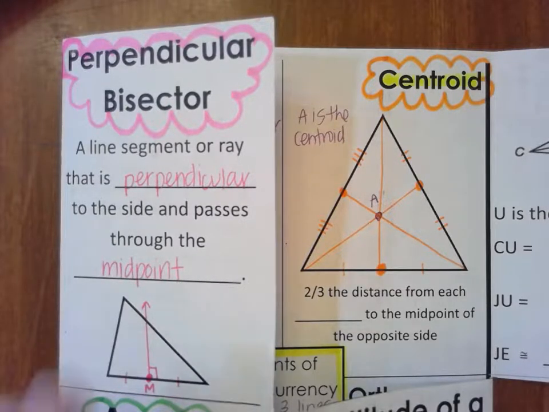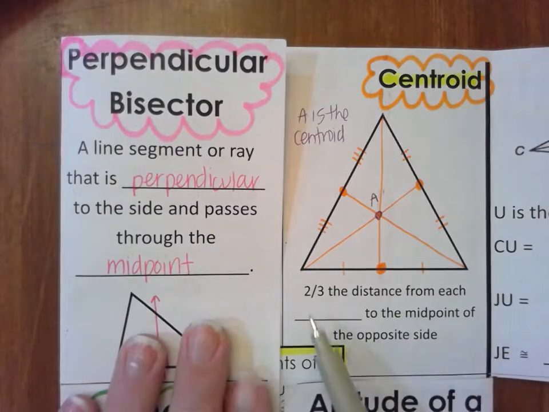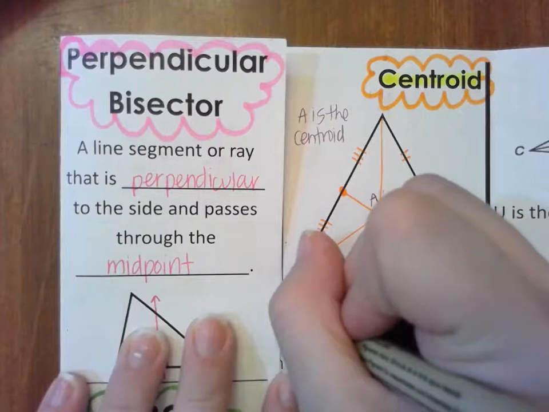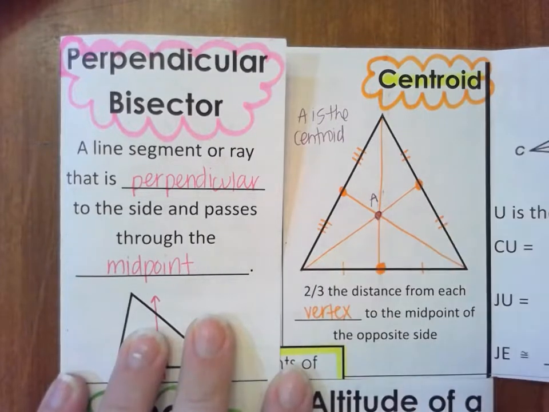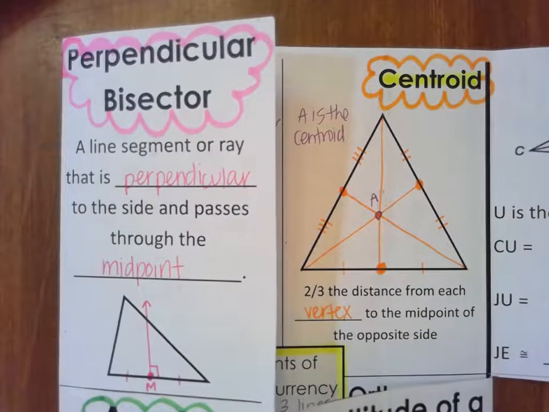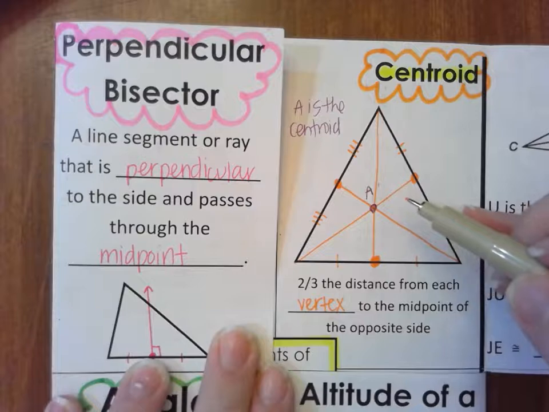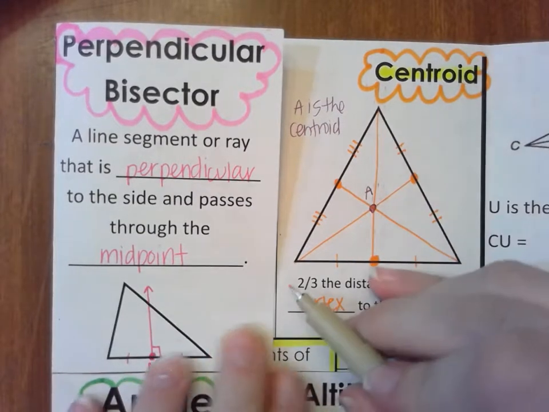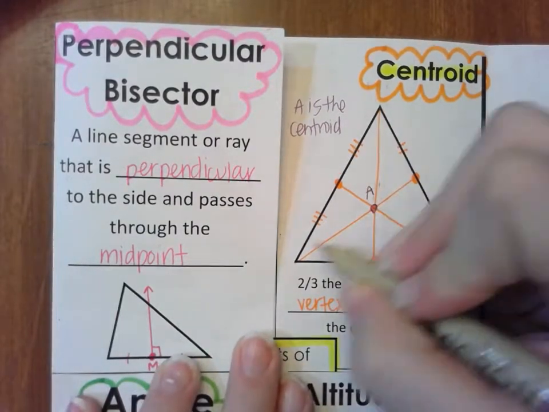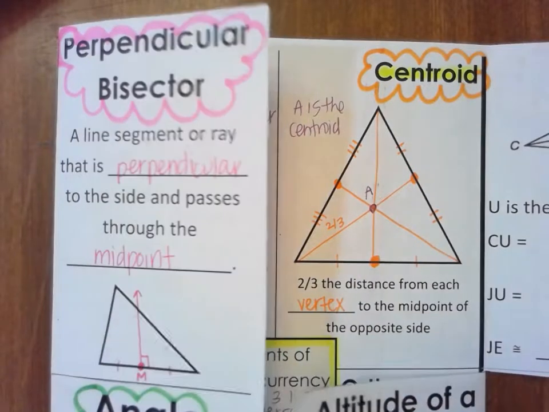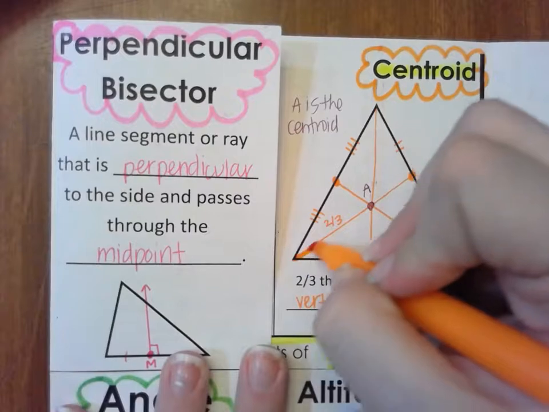Instead, we know that the centroid is 2/3 the distance from each vertex to the midpoint of the opposite side. So if we're starting at the centroid and going to the vertex, starting here, going to the vertex, we know that this is 2/3 of this total distance.